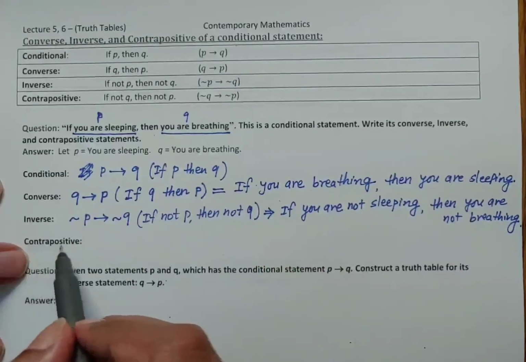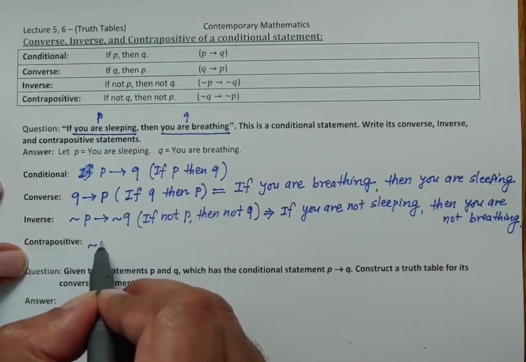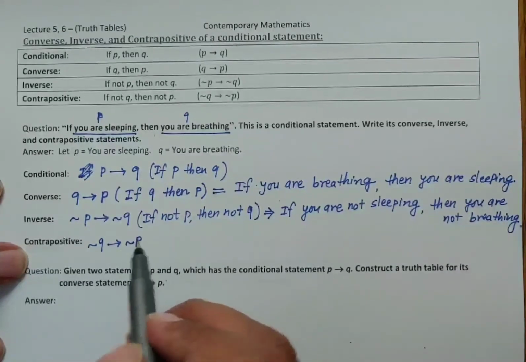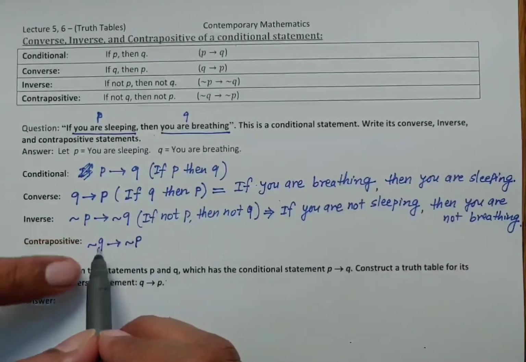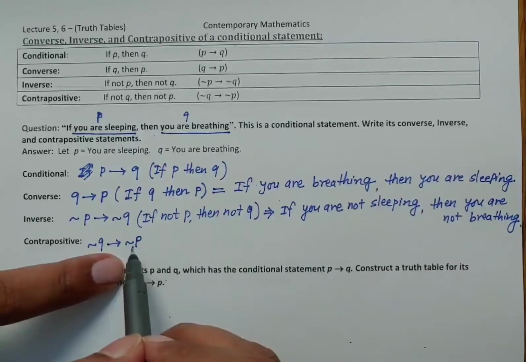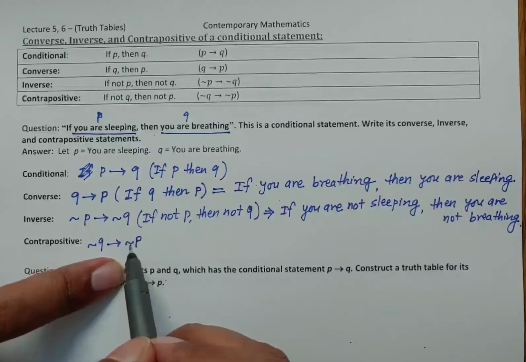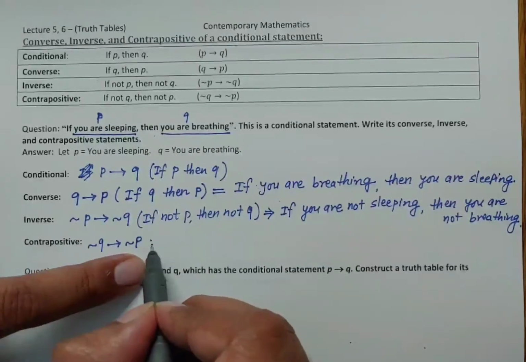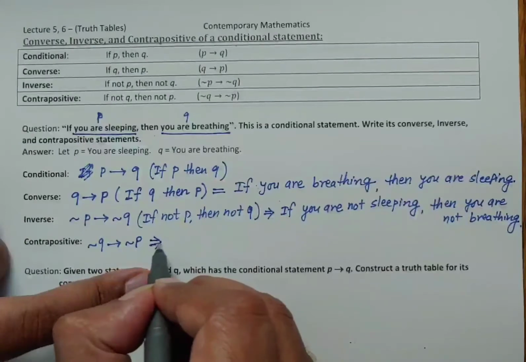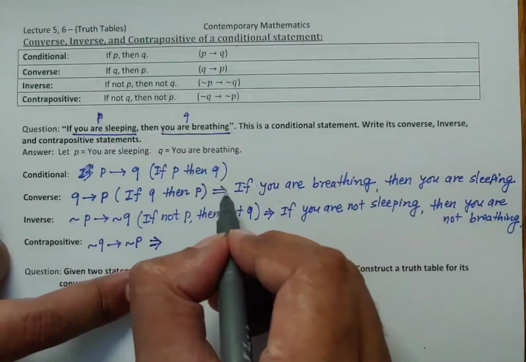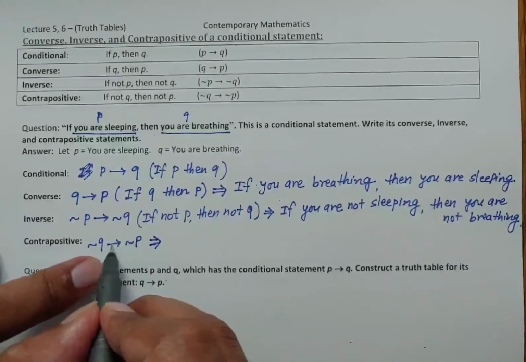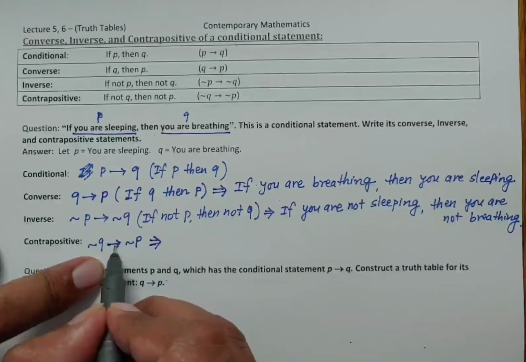And the contrapositive is negation of Q implies negation of P. So you switch P and Q. The Q will be the first statement, and then the negation of P will be the second statement. Let's write this statement, because this arrow says if then, right?